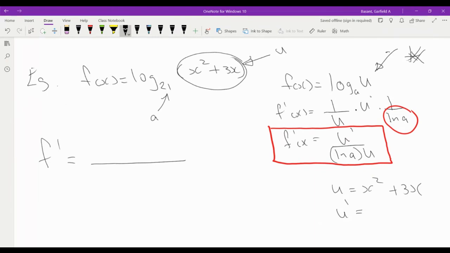Is it 2x plus 3? 2x plus 3, right? So our u prime is 2x plus 3. Very good. And where does that go? So our u prime, we're going to take it and put it on the top, which is 2x plus 3. Now what goes on the bottom?